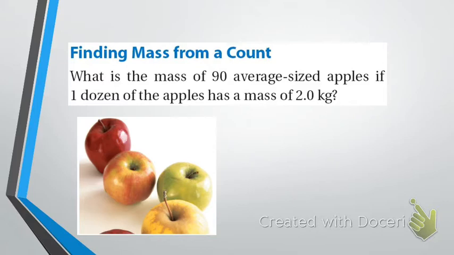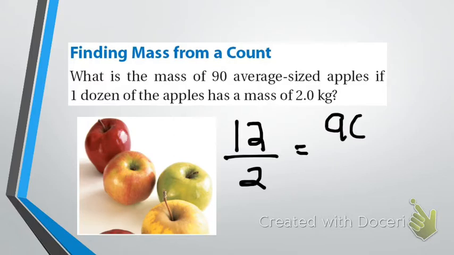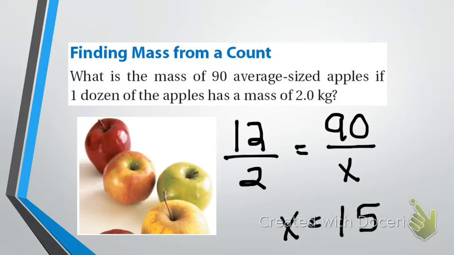We know that 1 dozen is 12 apples, so we can set up a ratio. 12 apples is to 2 kilograms as 90 apples is to x. We're going to cross multiply and divide, and x equals 15 kilograms. We are going to work with moles in a very similar fashion.